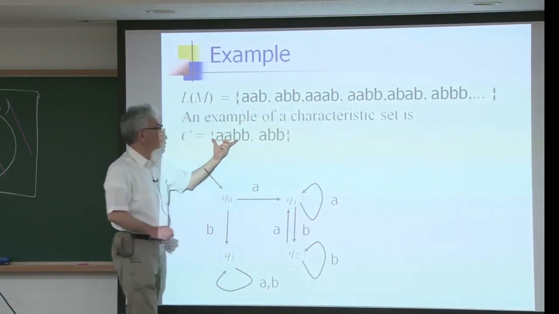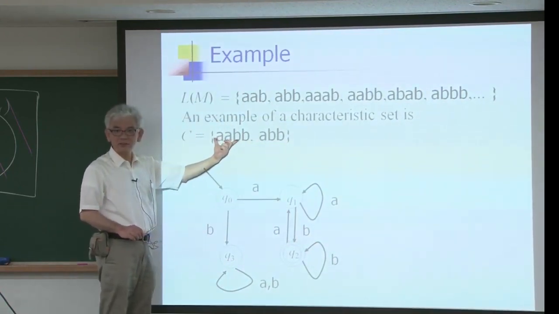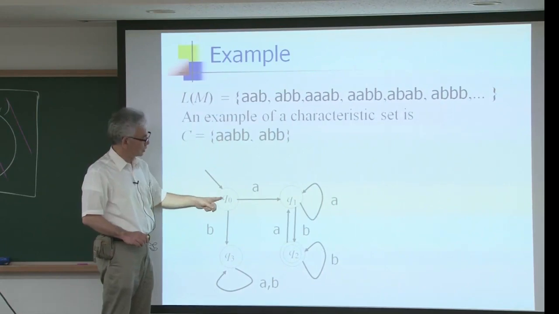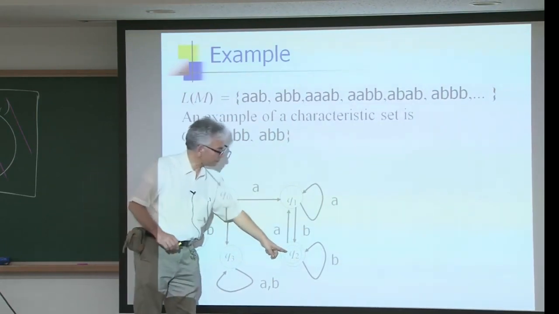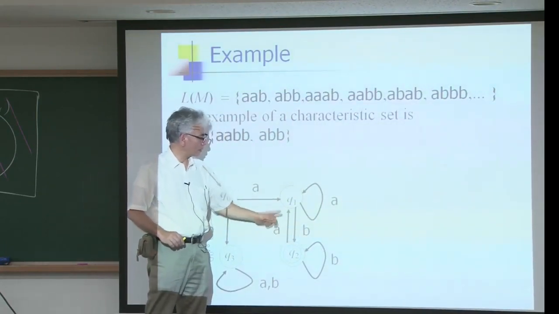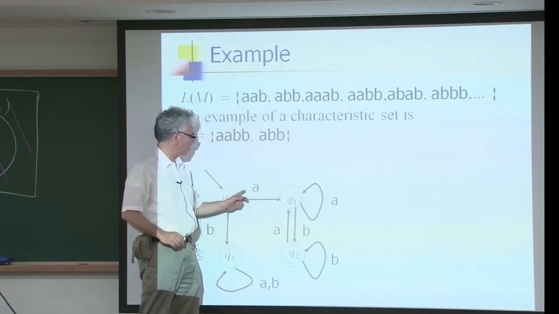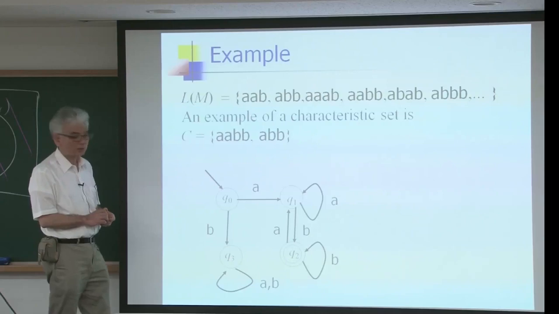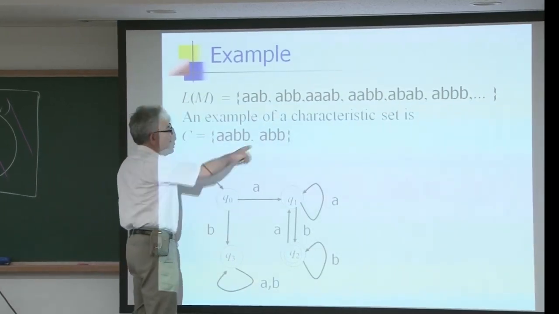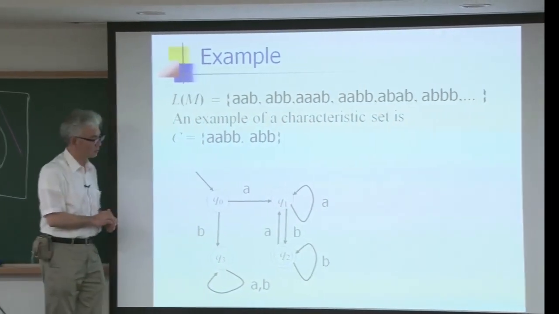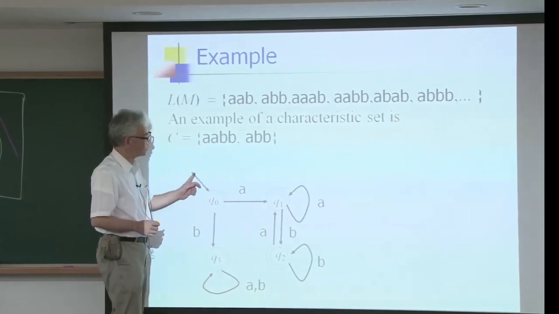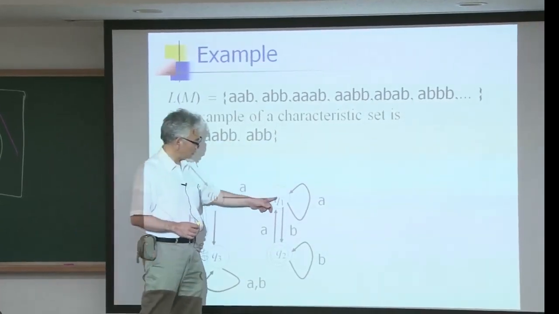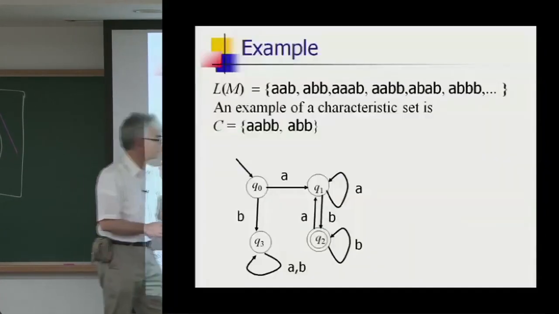So this string has all information from here to here on the transition. And this ABB is also another transition here.